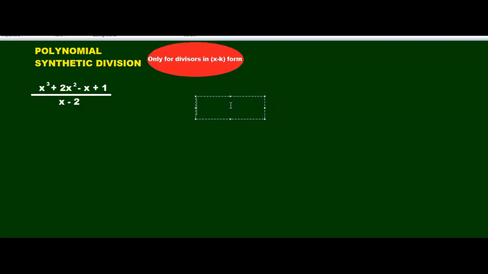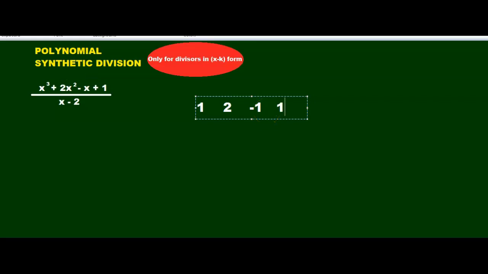So to solve this, I'm going to look at the coefficients of my dividend. The coefficient of my x cubed is 1, the coefficient of my x squared is 2, and the coefficient of my x is negative 1.